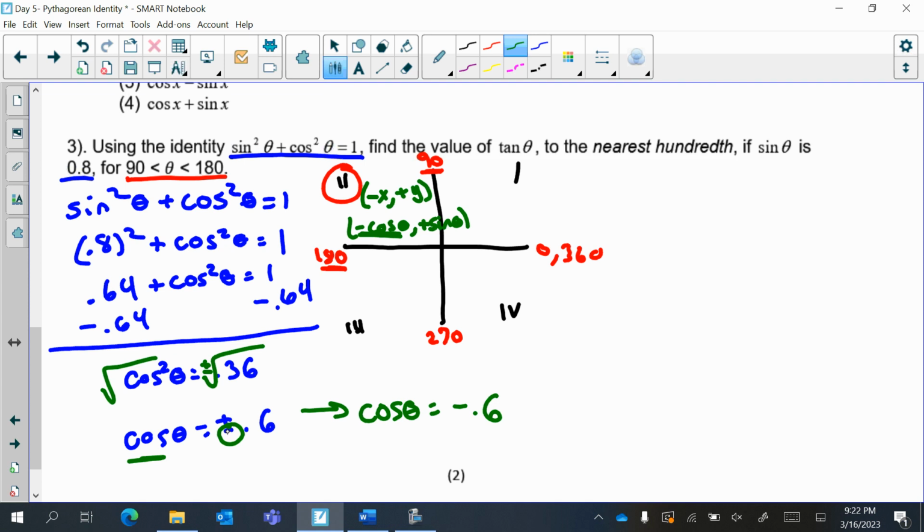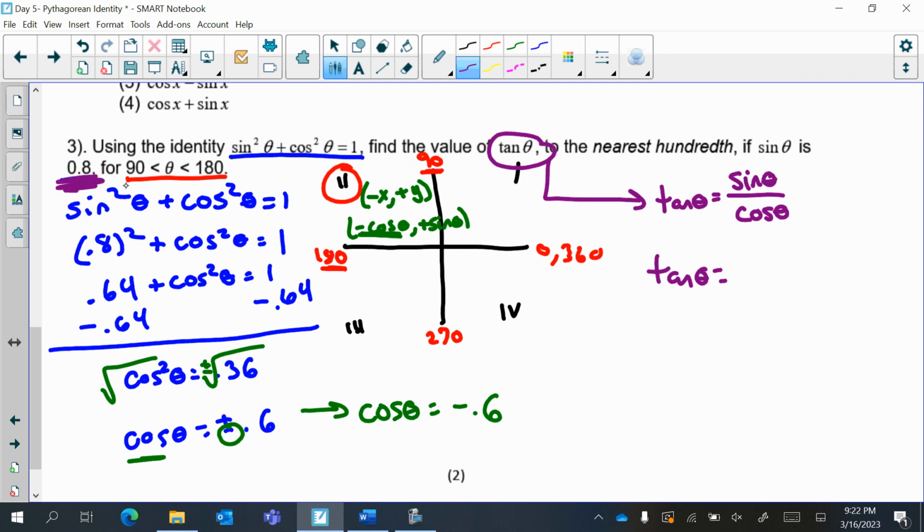All right, we've used the identity to the fullest. Now we can figure out what tangent is, because tangent is sine over cosine. So that gives me, what did we get for sine? Sine was in the problem. Sine was 0.8.